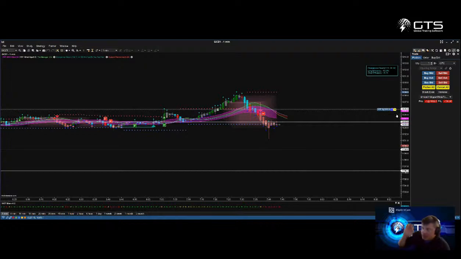And see, what all you do is you track it down. So as the EMA cloud comes down, you move your stop down with it, right? See, it's kind of bouncing off of this little area right here. I mean, it could do a whole lot of awesome stuff.